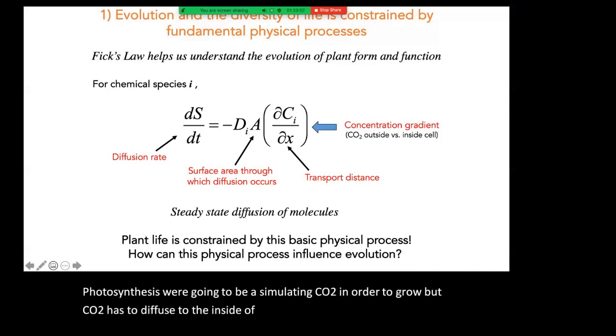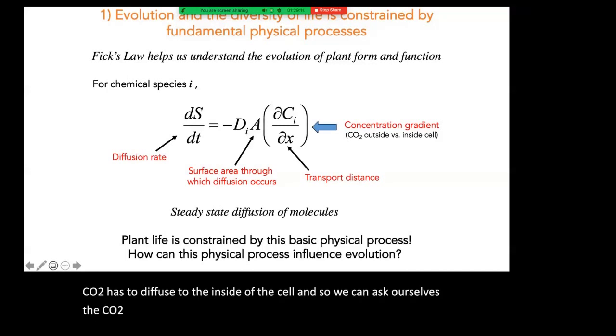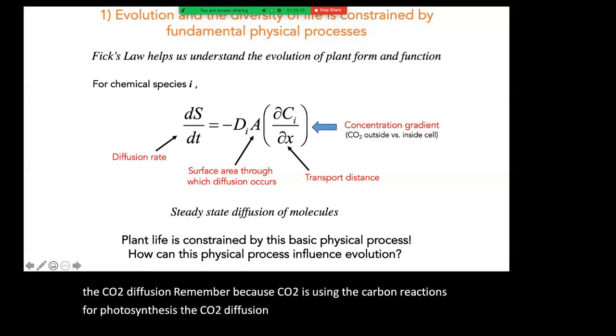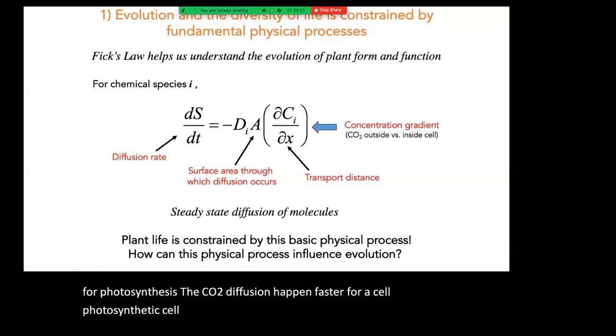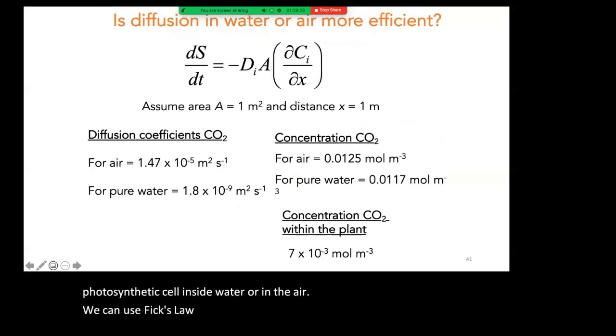We can ask ourselves, does CO2 diffusion, remember because CO2 is used in the carbon reactions for photosynthesis, happen faster for a photosynthetic cell inside water or in the air? We can use Fick's law to address that.